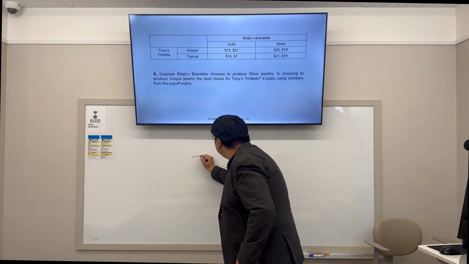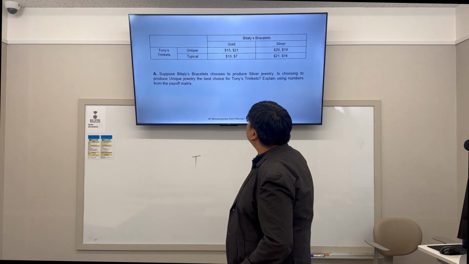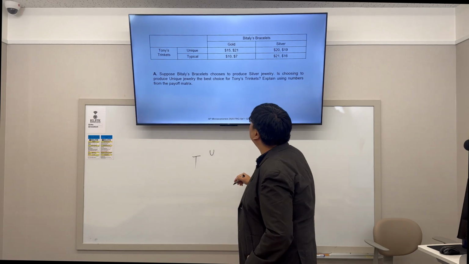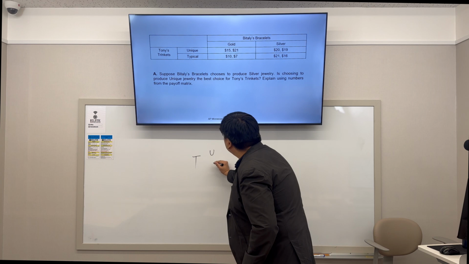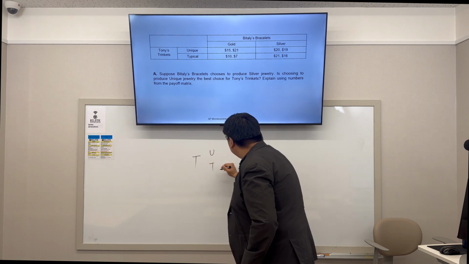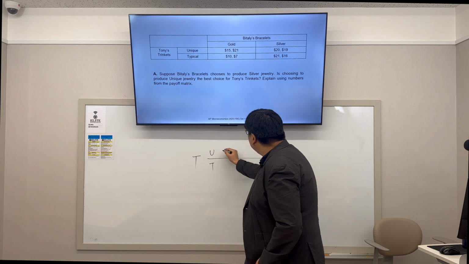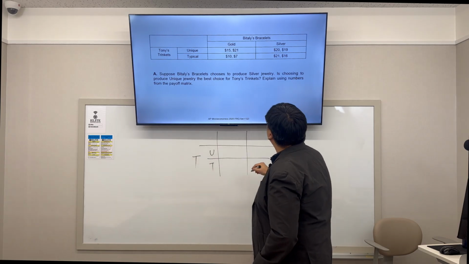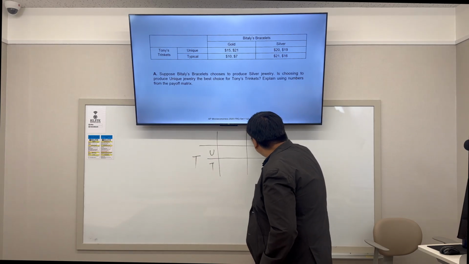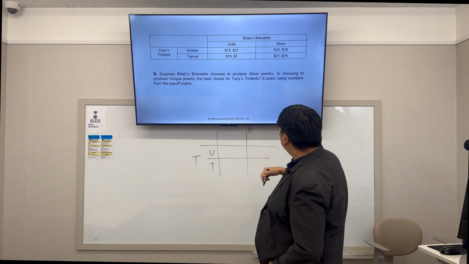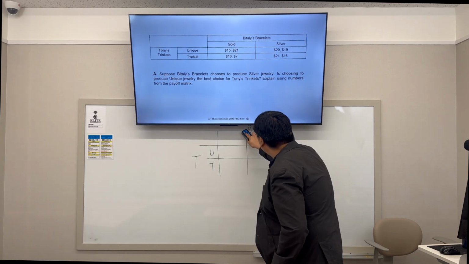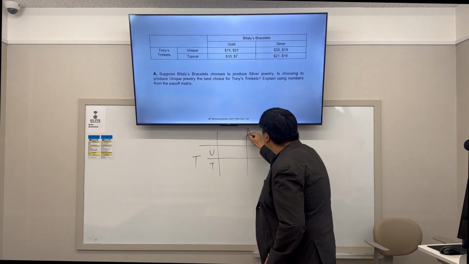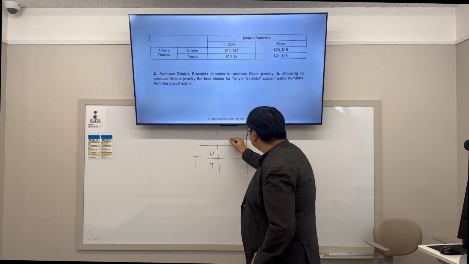I'll denote Tony's Trinklets as T, with unique and typical, and Beetle's Bracelets as B, with gold and silver.